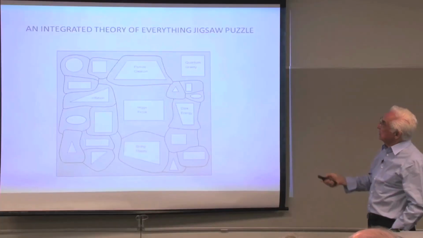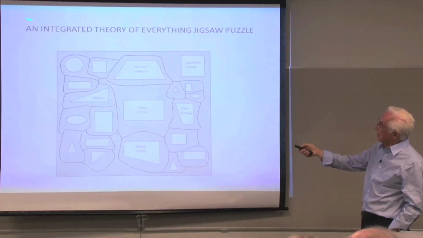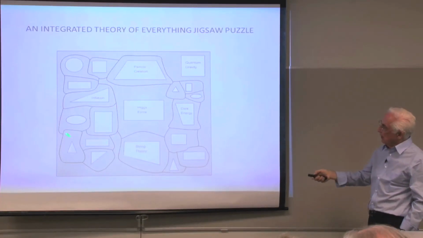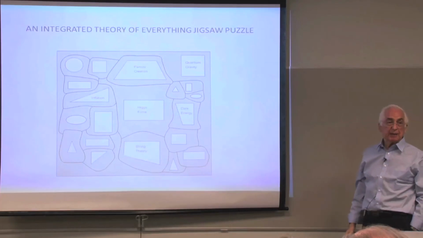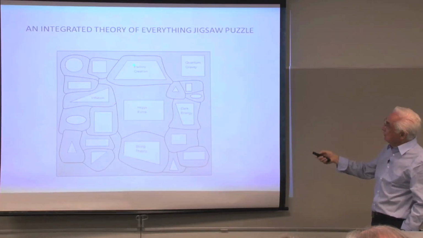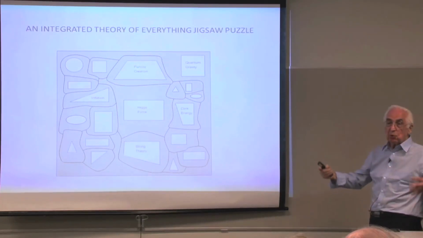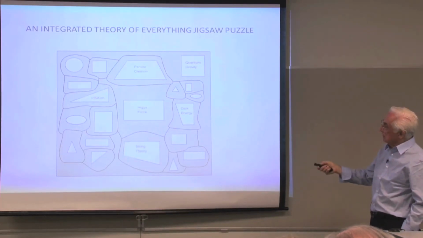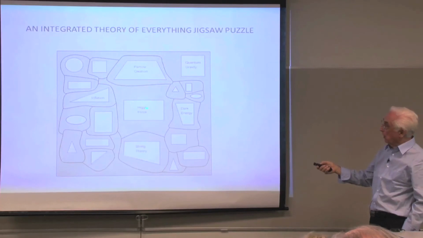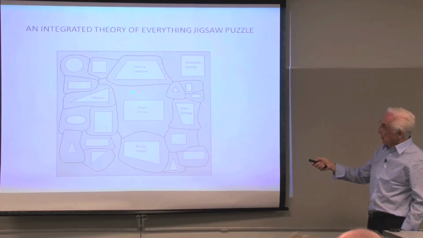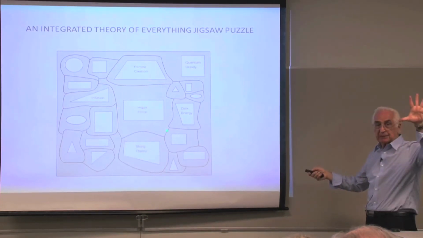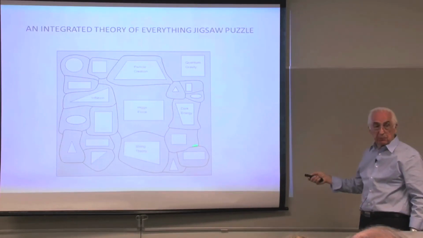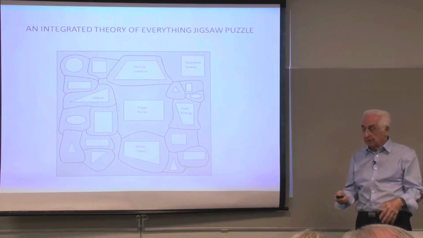At the beginning of the presentation, I said there was an integrated theory of everything jigsaw puzzle. The unshaded areas represent the 20 independent theories, and you can see that the unshaded areas don't fit snugly together. So what I did over 7 years is I amplified requirements for each of the theories, and by doing that, I amplified the size and shape such that I had 20 jigsaw puzzle pieces that fit together.